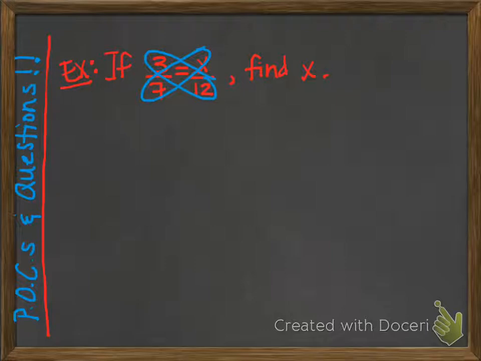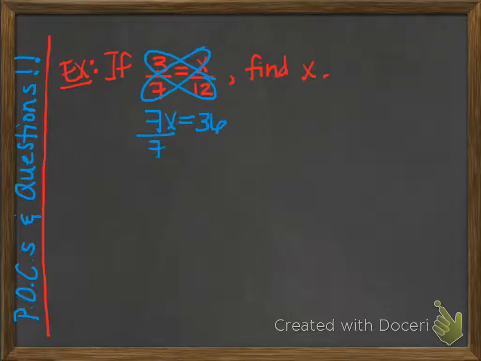So if I multiply one way, I get 7x. If I multiply the other way, 3 times 12 is 36. I can write it as 7x equals 36 or 36 equals 7x. These are the cross products. 7x is one cross product, 36 is another cross product. Now we have an equation that just looks more normal to us, and we're able to solve it easily.